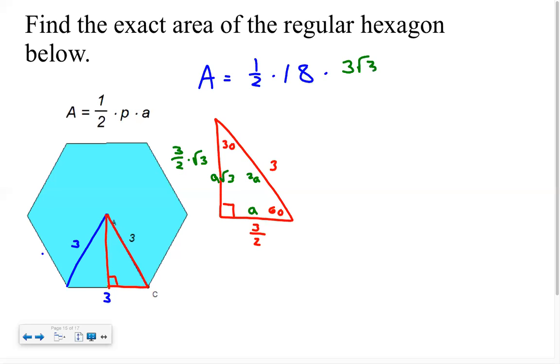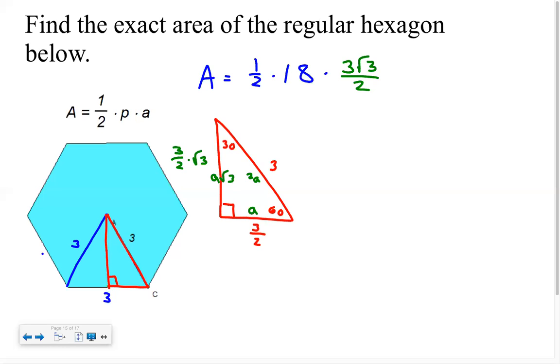Now, if I want to get my exact answer though, this is where, remember, you multiply everything except for the radical. So if I take my calculator and I do 1/2, I use 0.5 when I say 1/2, 0.5 times 18 times 3. That's 27.